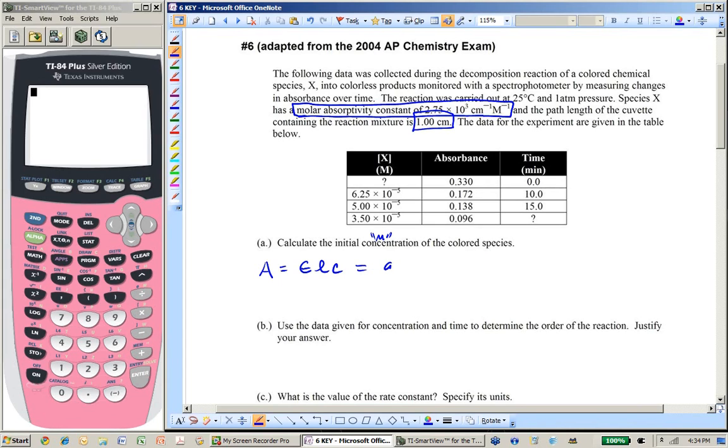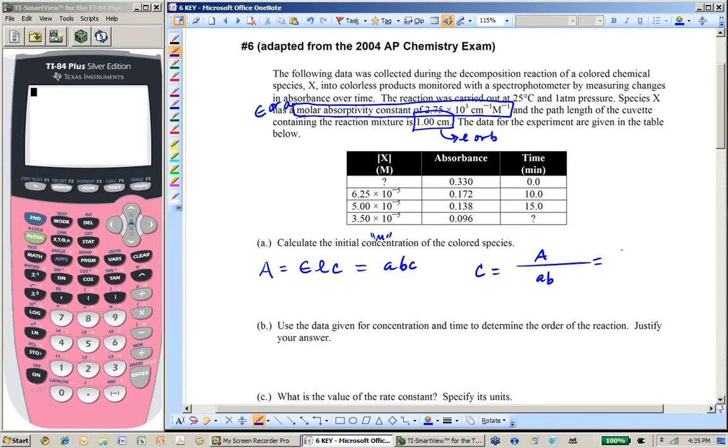But the AP exam put this on the formula sheet, which I'm not as familiar with, but either way you look at it, I am solving for C. I have been told what A or epsilon equals, which is that 2.75 times 10 to the third, and I have been told what L or B equals. So you choose your form that you like. Either way, we're going to solve for C, which is concentration in moles per liter. So that is A over AB.